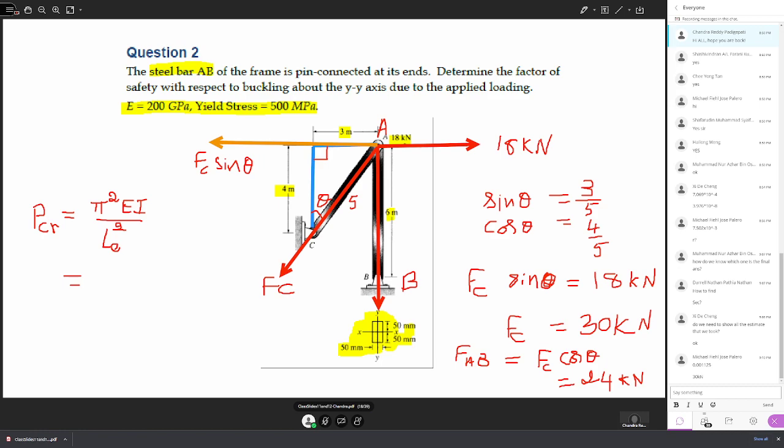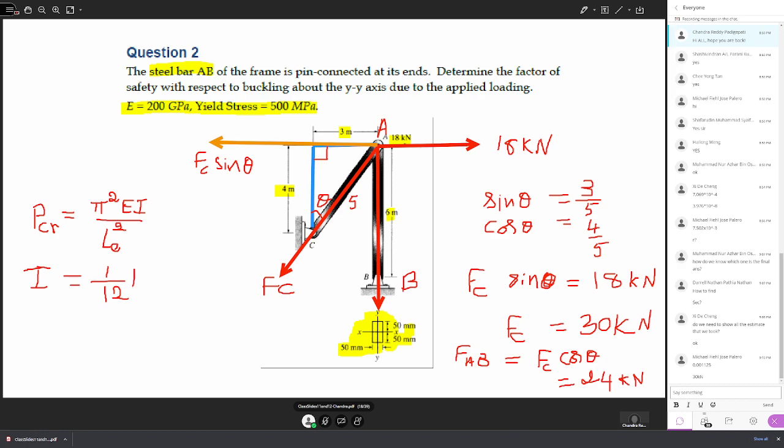To calculate this, you need to know inertia, I. So to calculate inertia, it is a steel bar. So we know the length. So the inertia for this is 1 over 12 because you are looking along the YY axis.